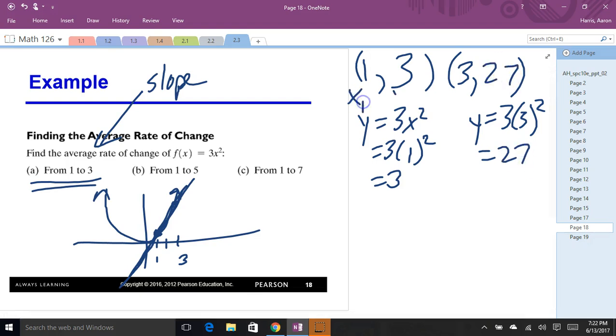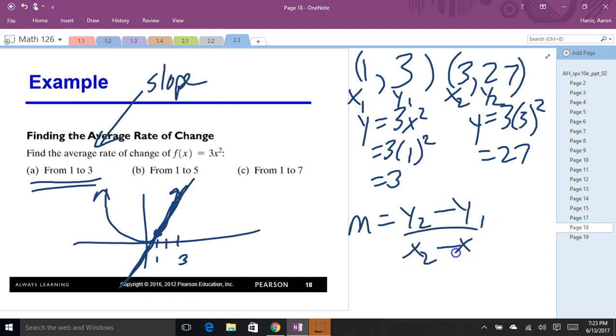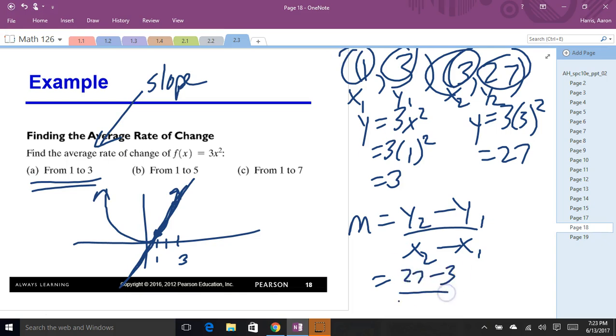Now you've got your x1, y1, x2, y2 to then run your slope. In other words, f of b minus f of a over b minus a. Same thing. Okay, so 27 minus 3 over 3 minus 1, 24 over 2, looks like we got our 12. So the average rate of change is 12.